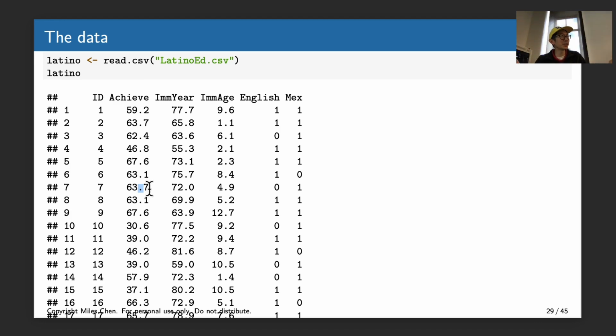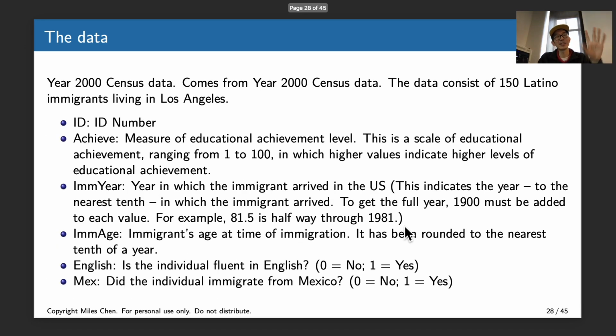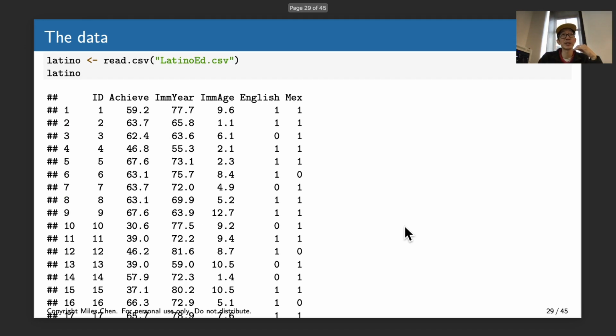We're turning this into a 100-point scale, and then we're going to granularity to the tenth. So what is 63.1 versus 63.7? I have no idea how they're measuring this. I really don't like this variable to begin with, but that's beside the point. This is just to show us Bootstrap here.